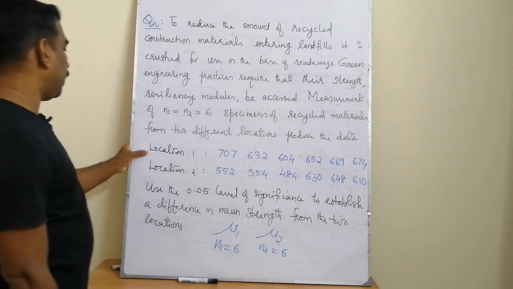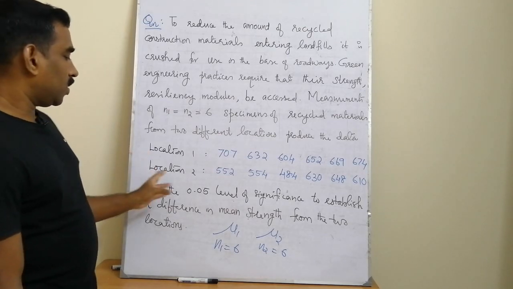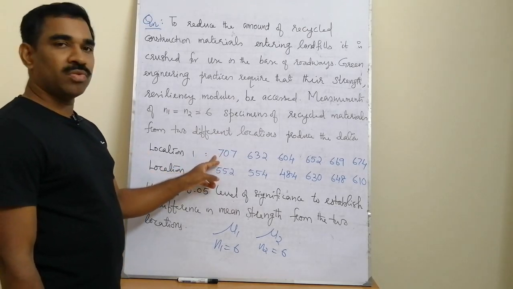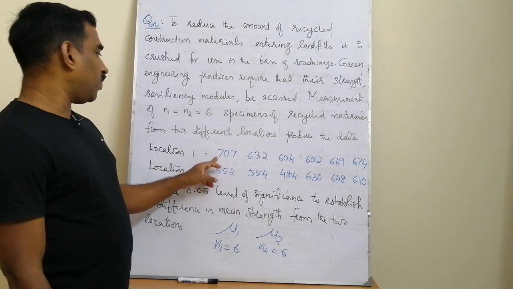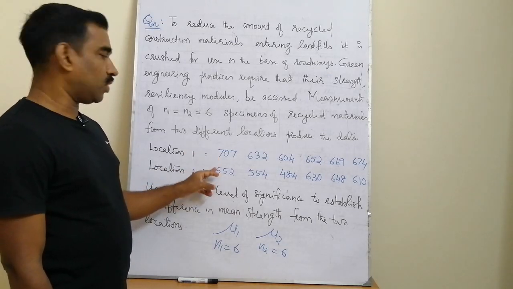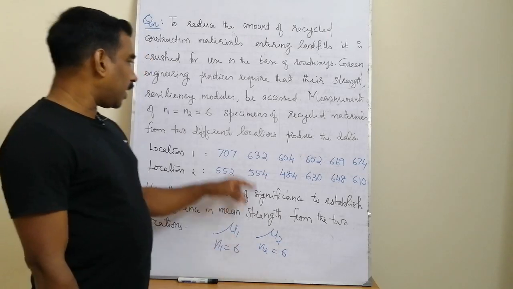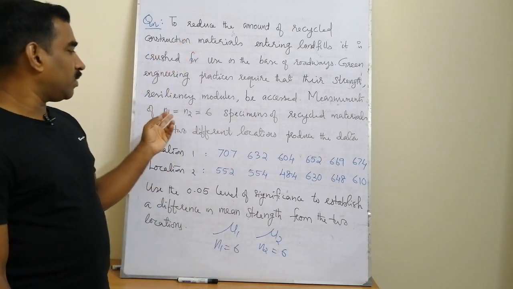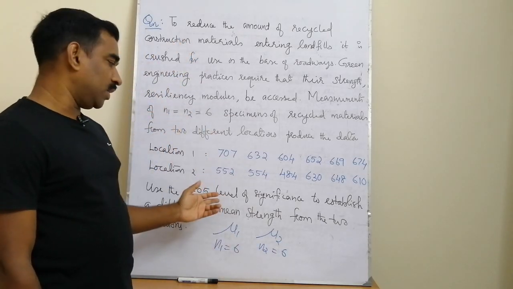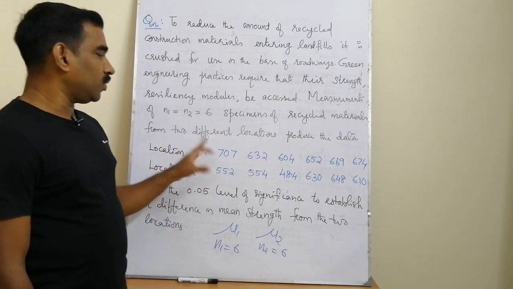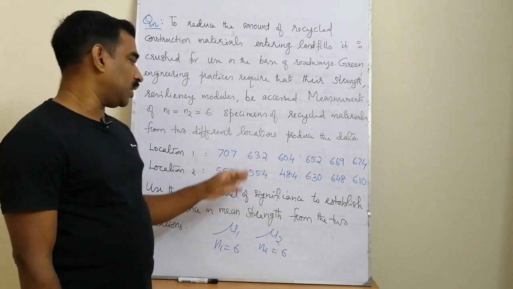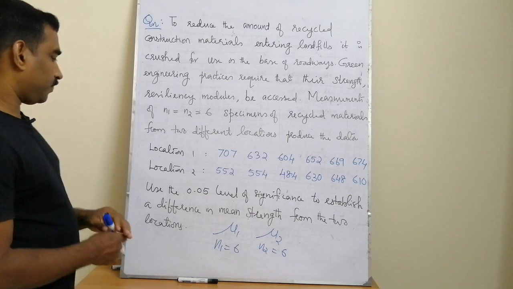For these two samples we are given only data, so we have to compute the sample means x1 bar and x2 bar and the sample variances s1 square and s2 square separately. Because the sample sizes are small and there is no information about the population variance or standard deviation, we are going to use the t distribution as the test statistic.